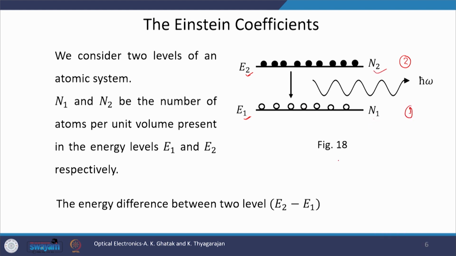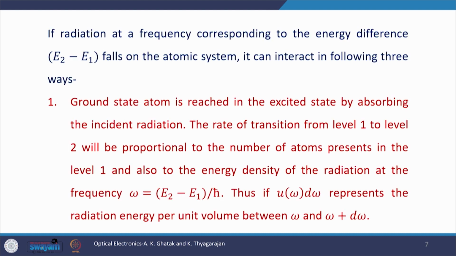Okay. As is clear from the figure, the energy difference between the two levels is E2 minus E1. Okay. And there is a certain distribution of charge carriers or electrons between these two energy levels. Now, if radiation at a frequency corresponding to the energy difference E2 minus E1 falls on the atomic system, then it can interact in the following three ways.